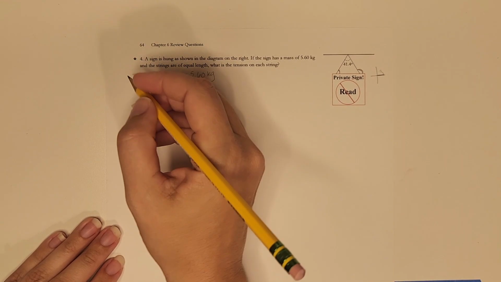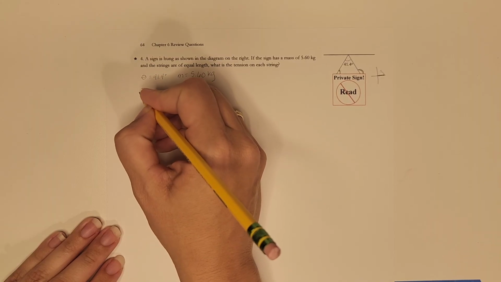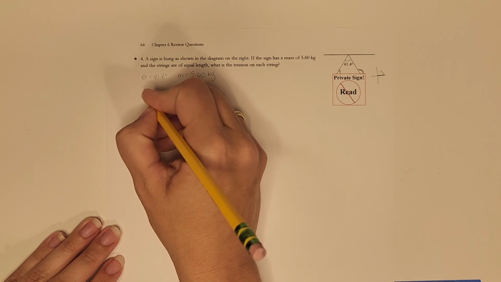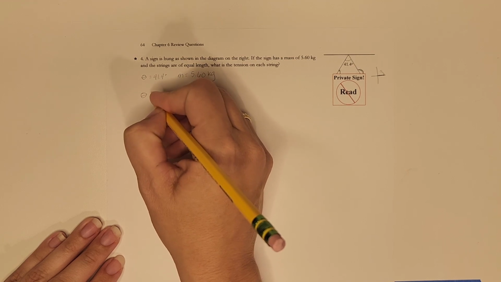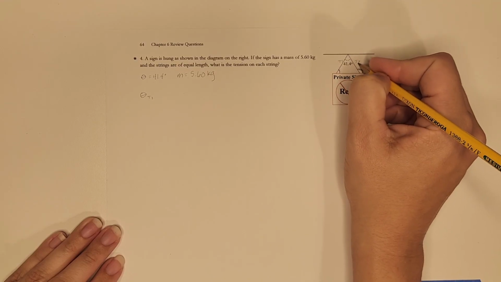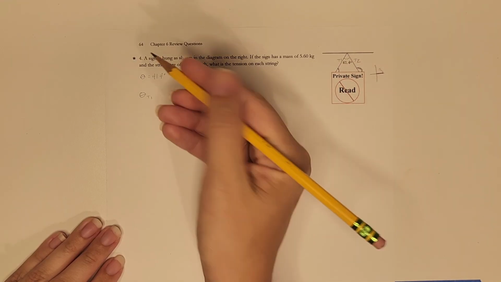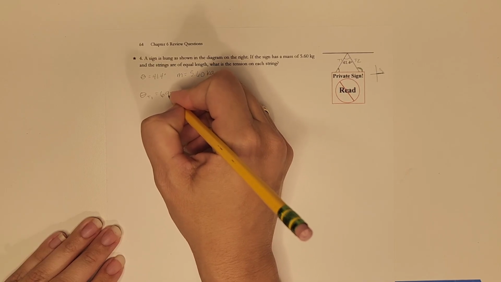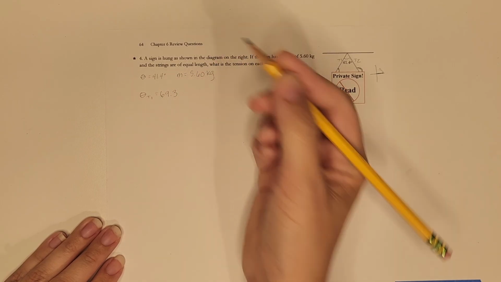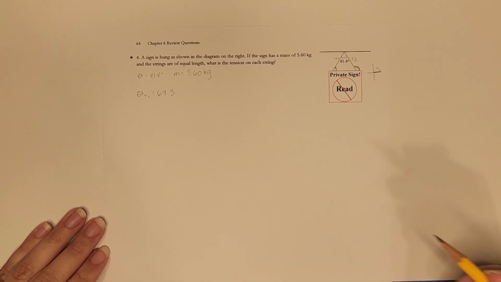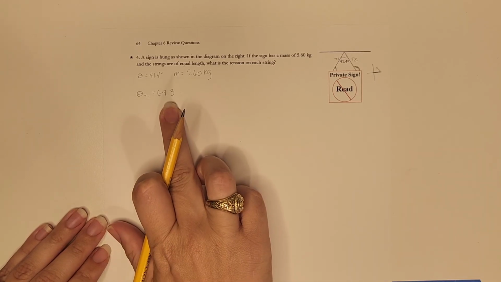So for our angle of T1, we're going to call this T1 and this T2, that is going to be 69.3. How I got that is 180 minus 41.4 and divide that answer by 2, and you get 69.3.